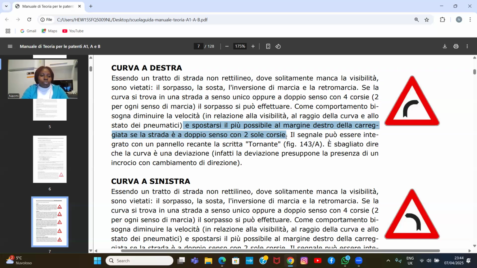So if this road is a two-way traffic, just one lane going and just one lane coming, you have to make sure that you are driving on your own side of the lane, very close to your right-hand side margin line. Don't be in the middle of that road because it's a curve and you cannot see what is coming at the other end of the road.